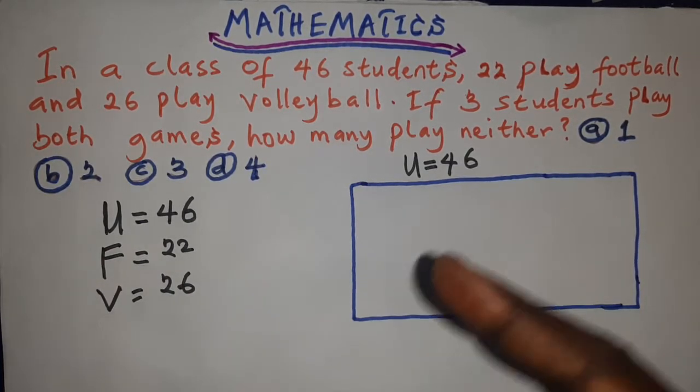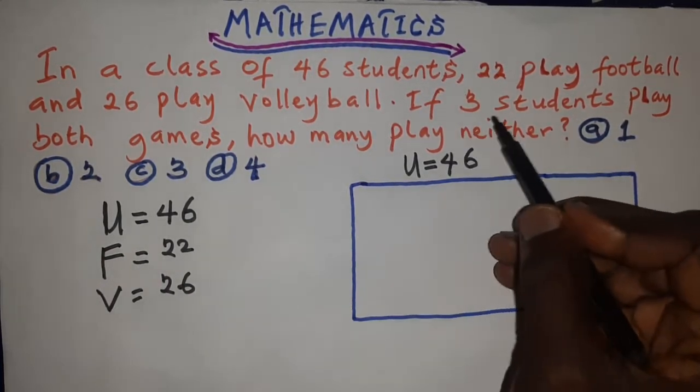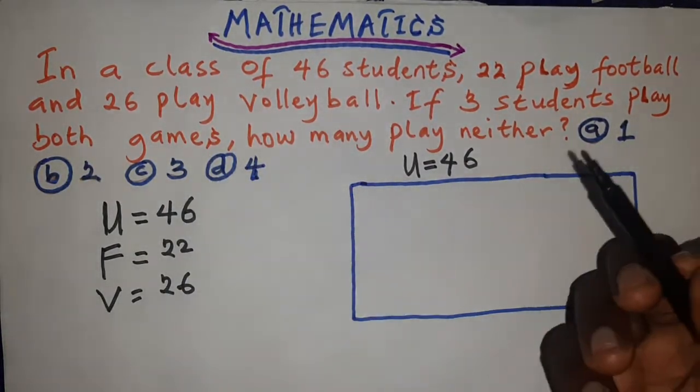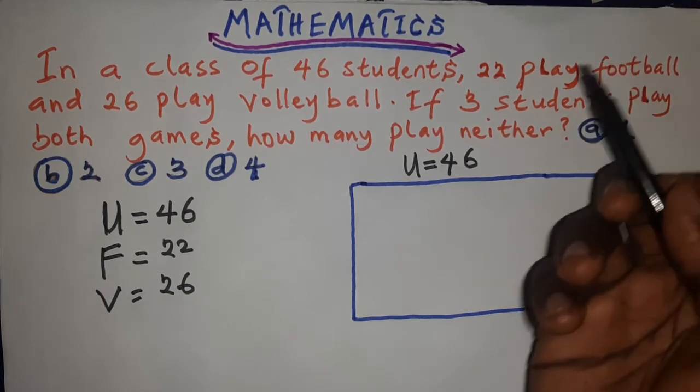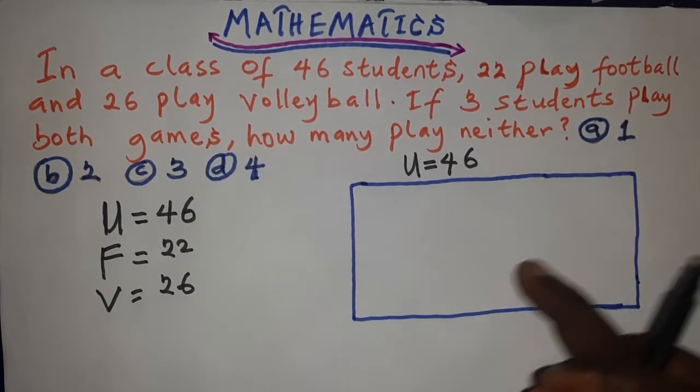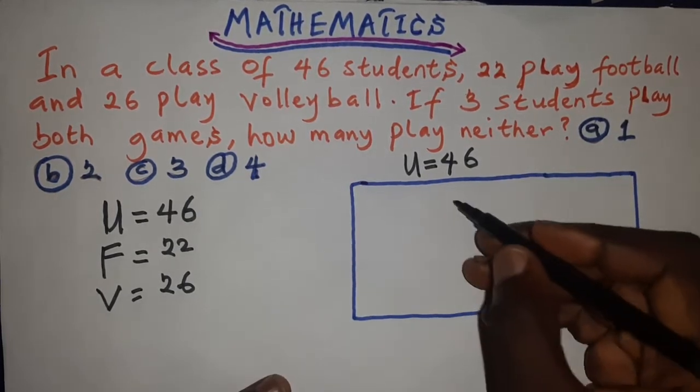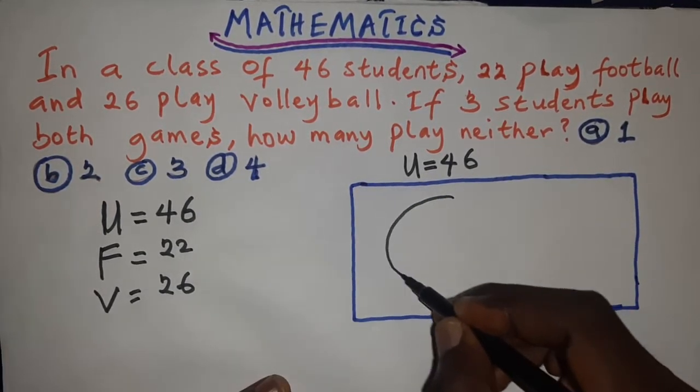But let's see the last part of the question. It said if 3 students play both games, that means a number of students actually chose both football and volleyball. It means the circles will intersect. There will be a value for the intersection. So this is how you draw your circles and make them intersect.